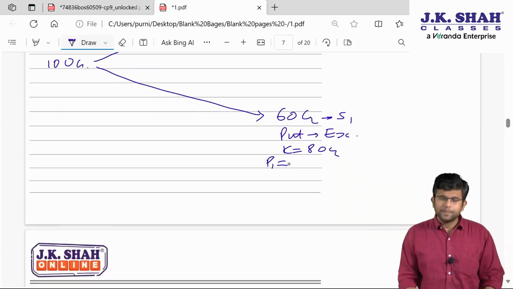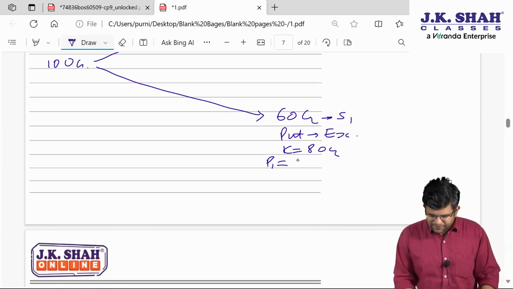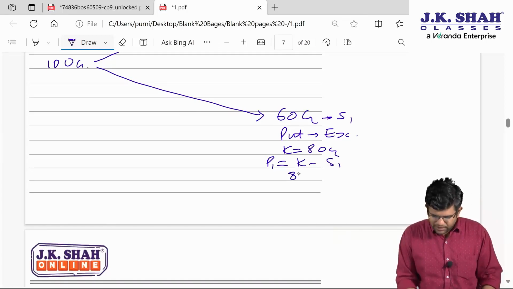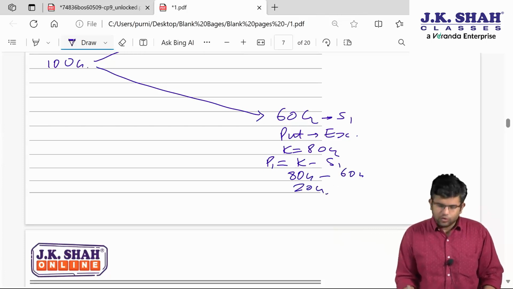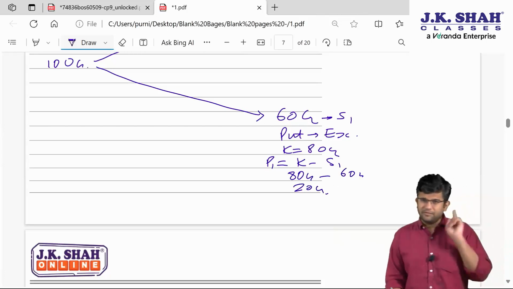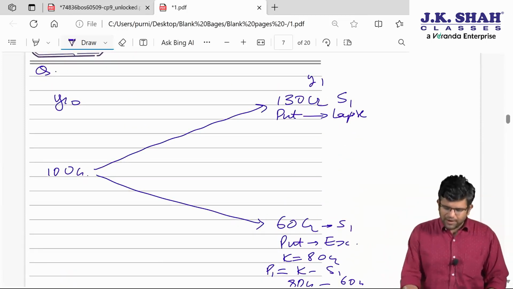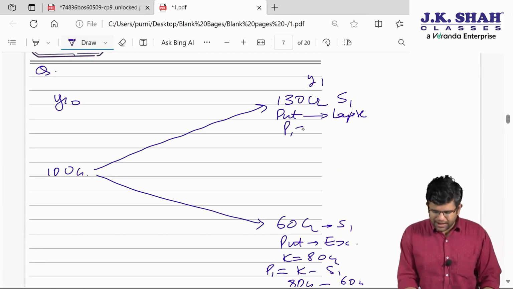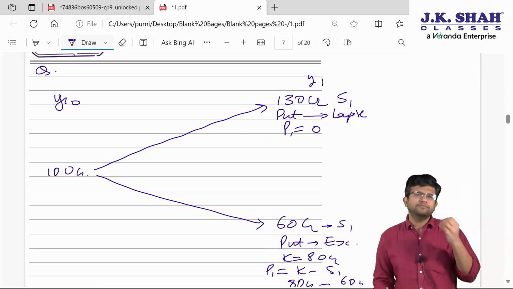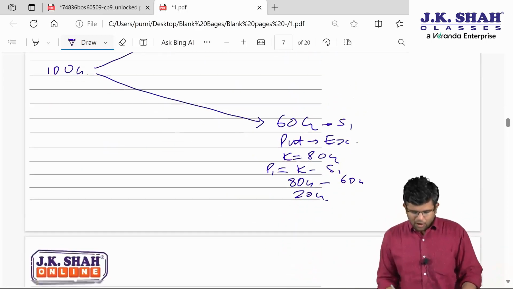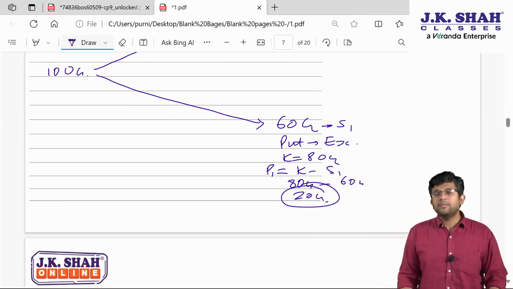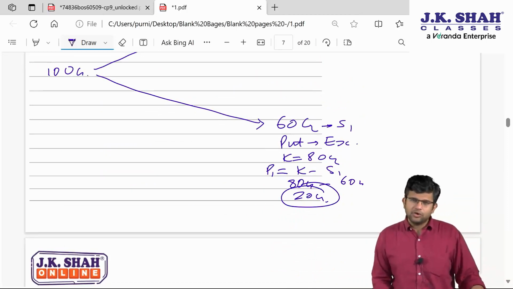The value of the put on the due date, can I say, will be K minus S1, 80 crore minus 60 crore, 20 crore will be the value of the put option, which means on due date, that means at the end of year 1, the put option can either have a zero value, worthless, out of the money, or it can have an in the money valuation of 20 crores.